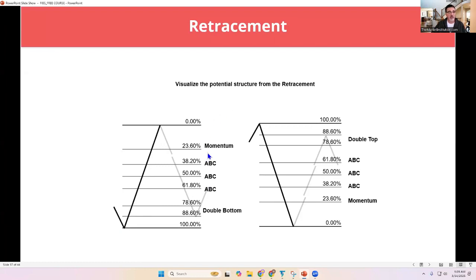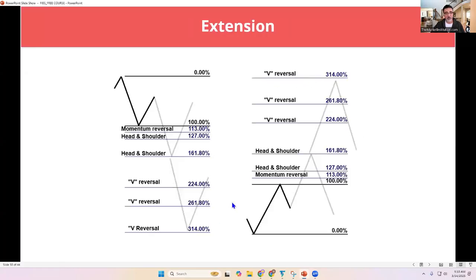With a momentum retracement, we often get a shallow retracement. Price does not pull back too far, but then resumes trend, okay? When looking for reversal patterns, often the deeper the retracement, okay, the more we're looking at a reversal, okay?